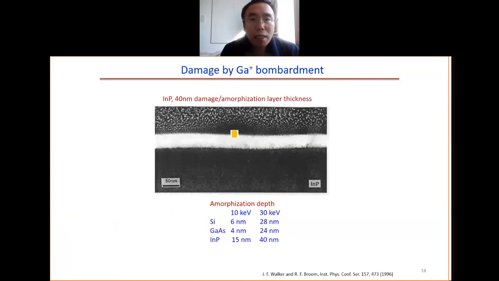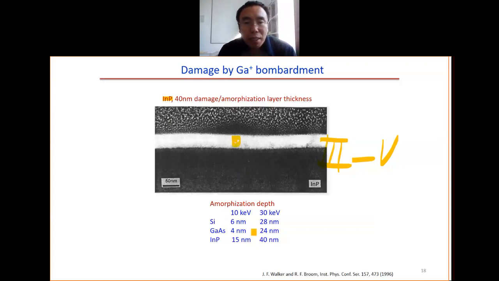Here you can see the damage in indium phosphide. This is a 3,5 semiconducting material, group 3 and group 5. For the case of 30 keV, I think this should be 30 keV, you have about 40 nanometer amorphous. The top layer here is amorphous, and here is the single crystal.